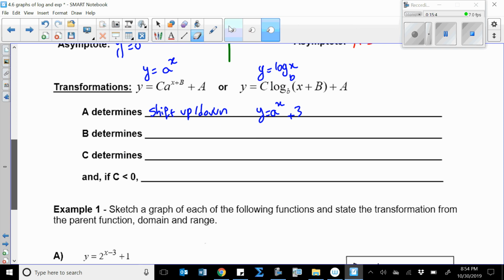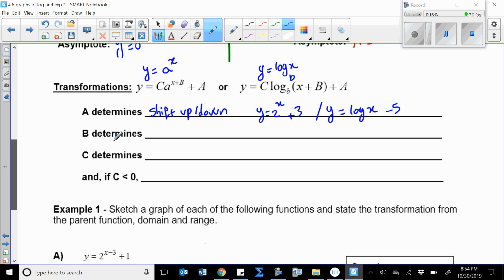Or let's just put an actual value for a. Let's say 2 to the x plus 3. So this moves the 2 to the x 3 up. Or y equal to log of x minus 5. This 5 moves the log function 5 to the bottom.